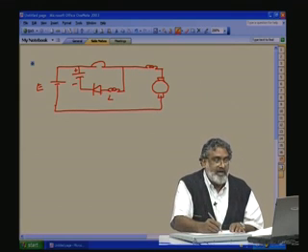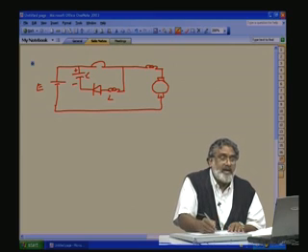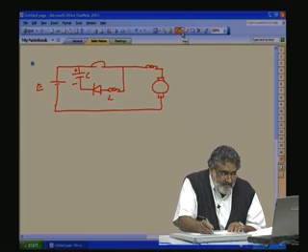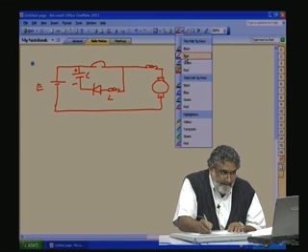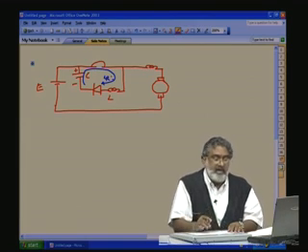So, the resonant current which flows through C and L, we will mark it like this, that is this current IR.